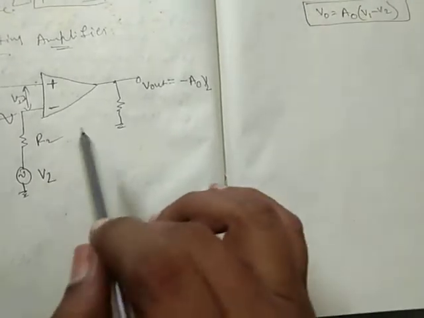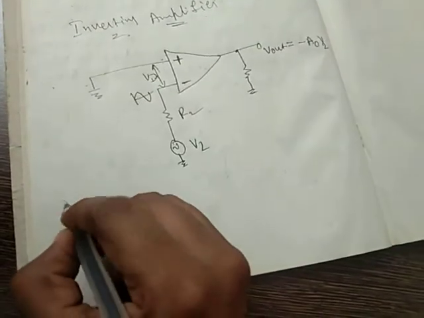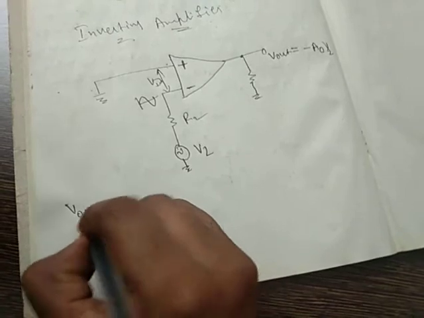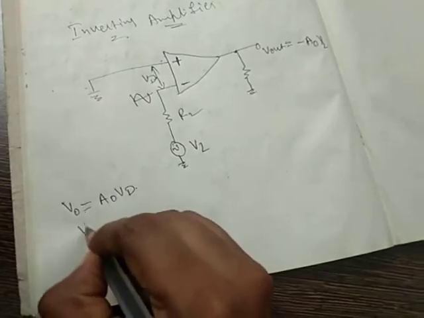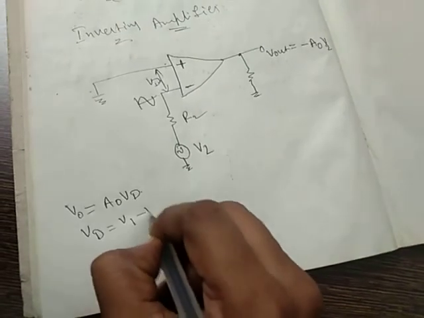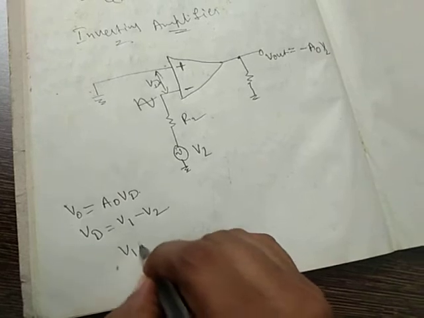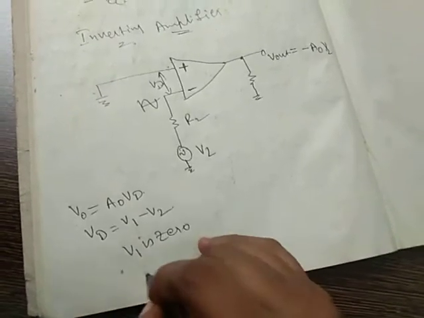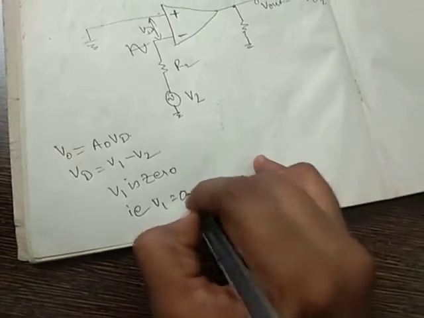The output voltage of the op amp is given by V0 equal to A0 into VD. So VD equal to V1 minus V2. But in the inverting op amp, V1 equal to 0.